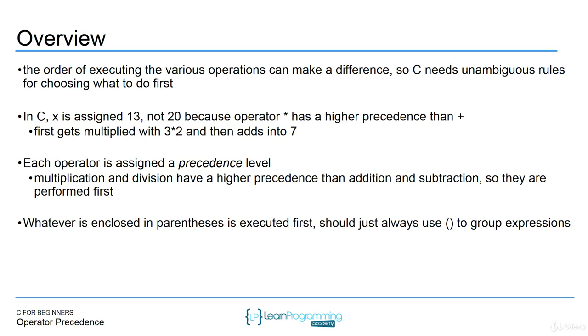Now you can avoid all of this precedence and having the language decide for you if you provide parentheses. Parentheses will always group the expressions at the highest precedence. So if I say 7 plus 3 and I enclose that in parentheses, it's always going to do the addition first. If I say 3 times 2 and I enclose that in parentheses, it's always going to do the multiplication and then add whatever is outside of the parentheses.